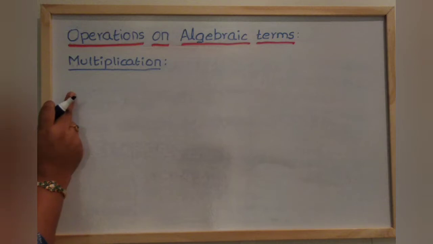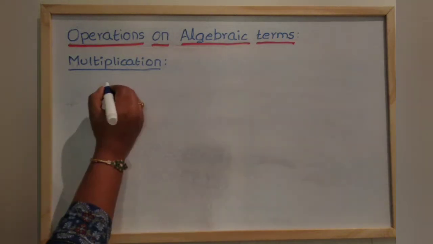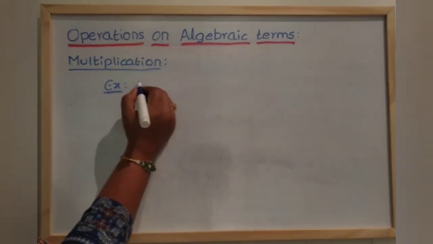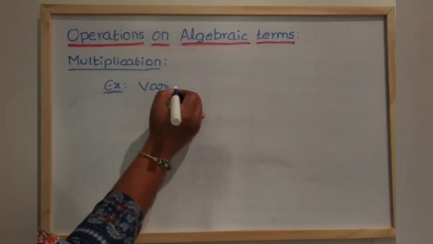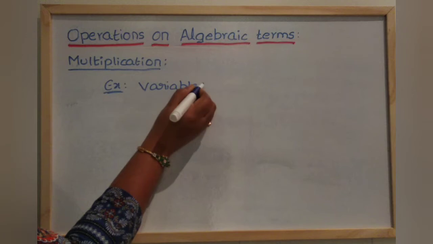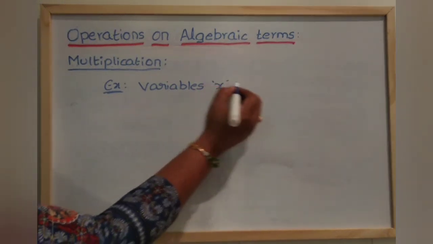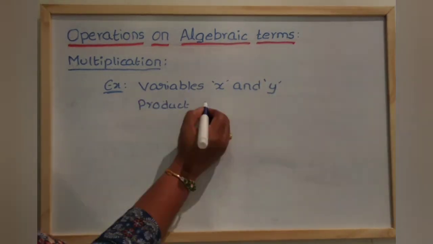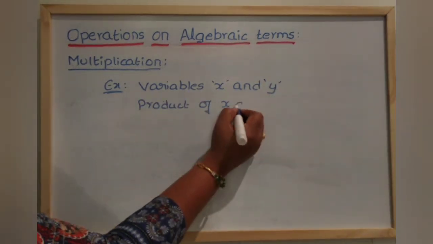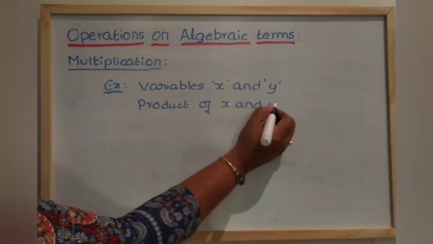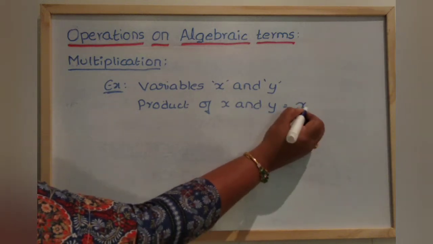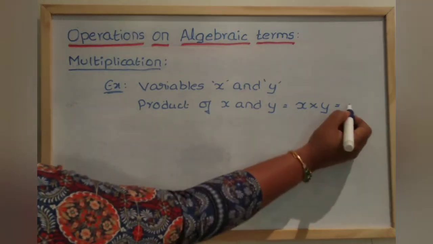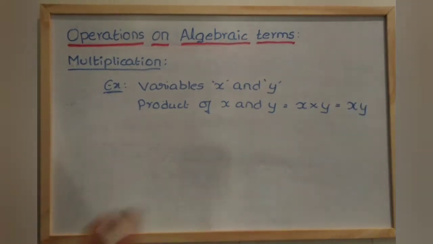Multiplication on algebraic terms. Consider variables x and y. Product of x and y is equal to x into y. It is written as xy.